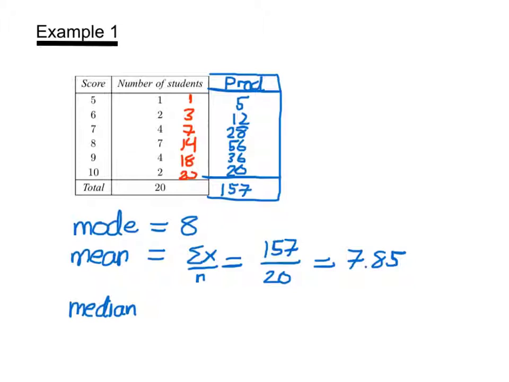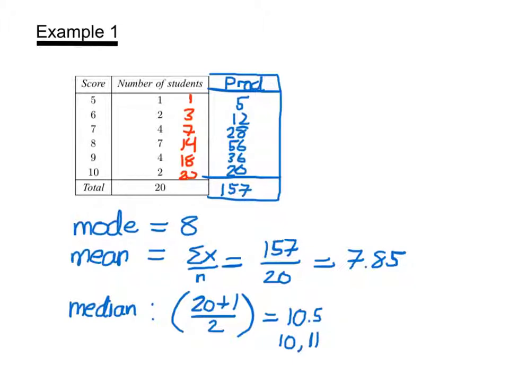And also remember that I'm looking for the data value that falls in the center of the ordered set, and I get that from adding 1 to the total number of data points and dividing by 2. So I'm looking for the data value in the 10.5 position, which is really the average of the 10th and 11th data points.